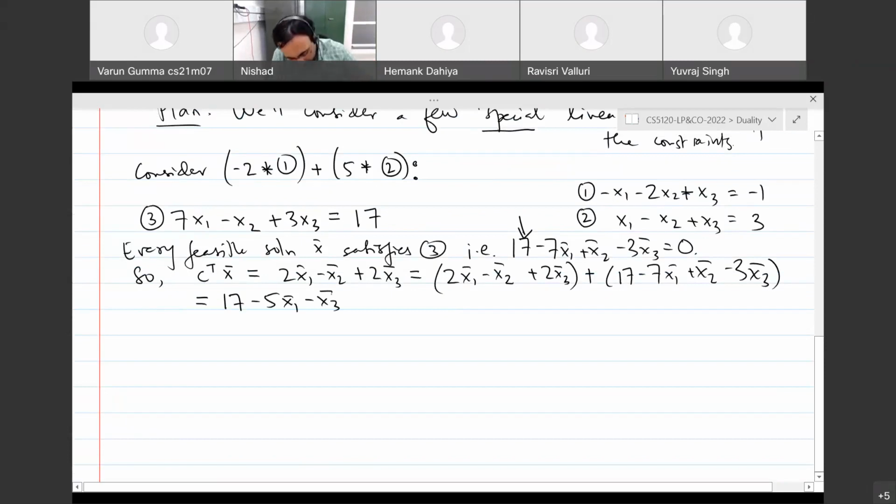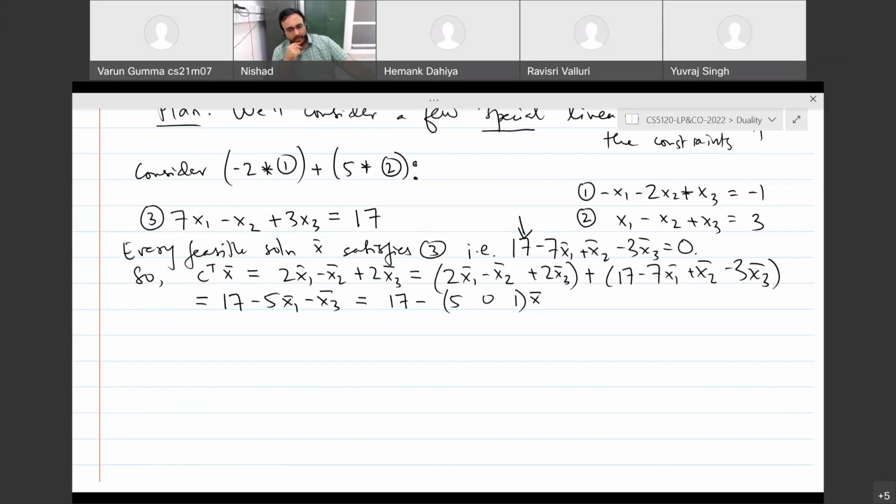Okay, and let me write it in a slightly different form, which will be convenient later. So it's 17 minus (5, 0, 1) times x bar. Right?